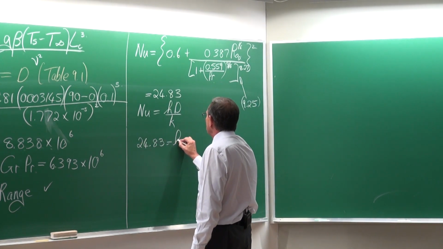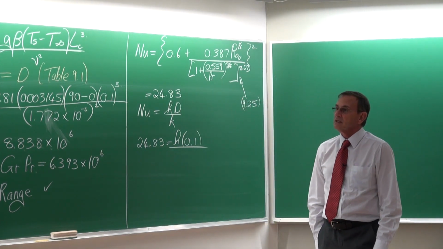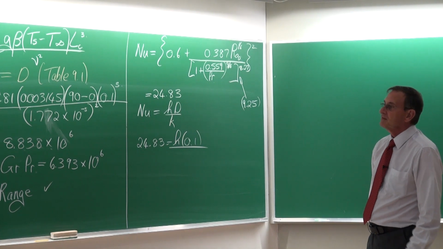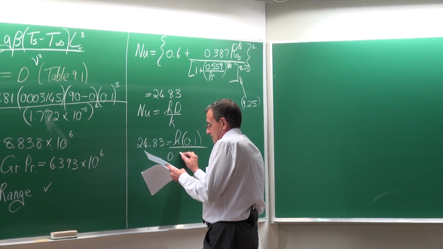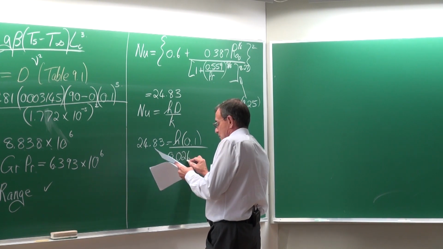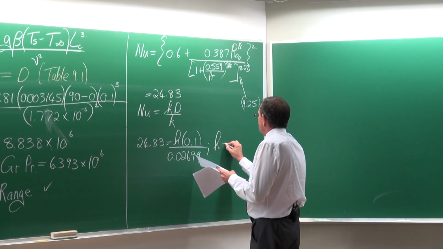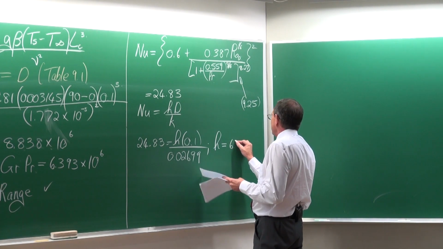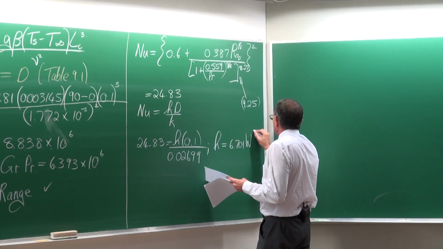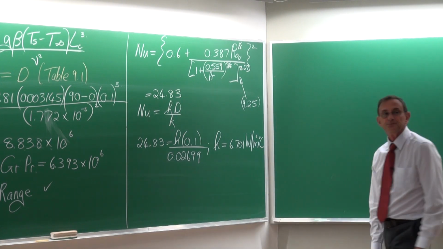It's equal to the heat transfer coefficient multiplied by the diameter divided by the thermal conductivity, and the thermal conductivity is equal to 0.02699, from which we can determine that the heat transfer coefficient is equal to 6.701 watts per square meter degree Celsius.